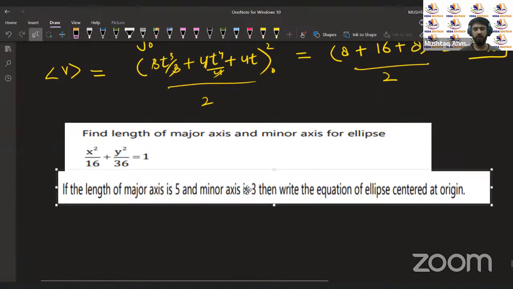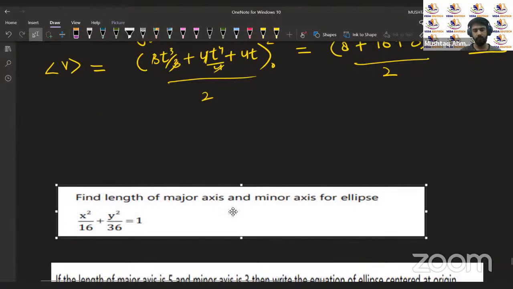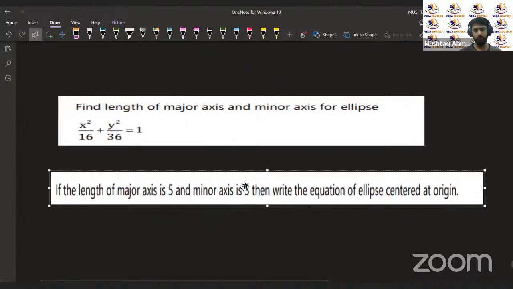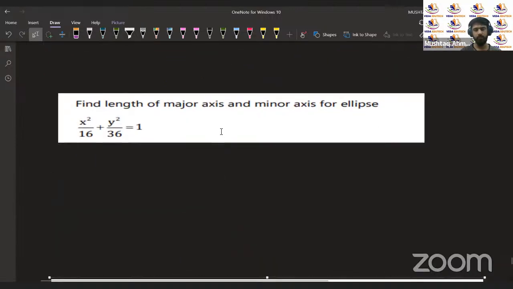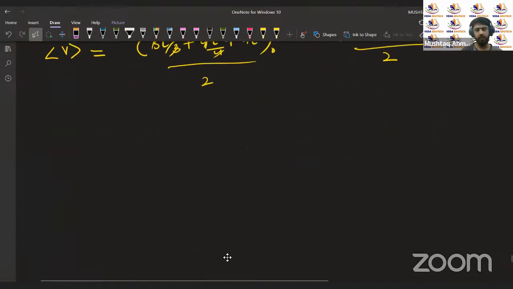If we have to calculate the average acceleration, let's suppose that in kinematics we have been given acceleration as a function of time.